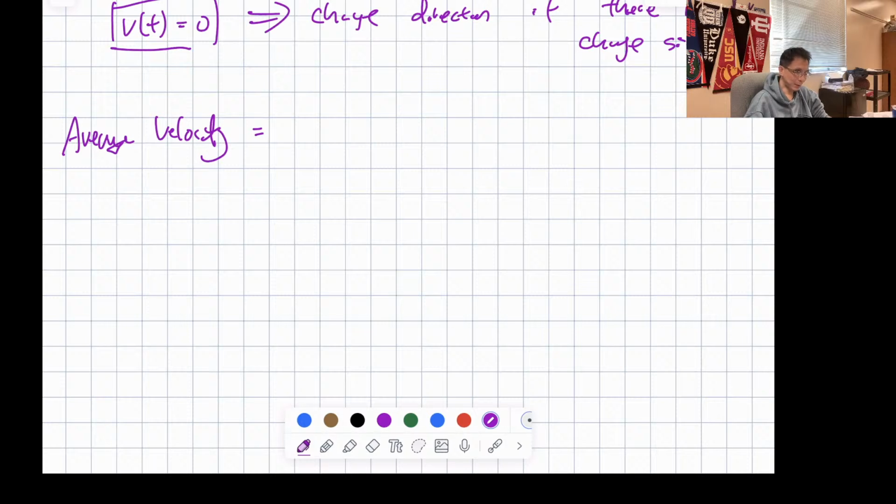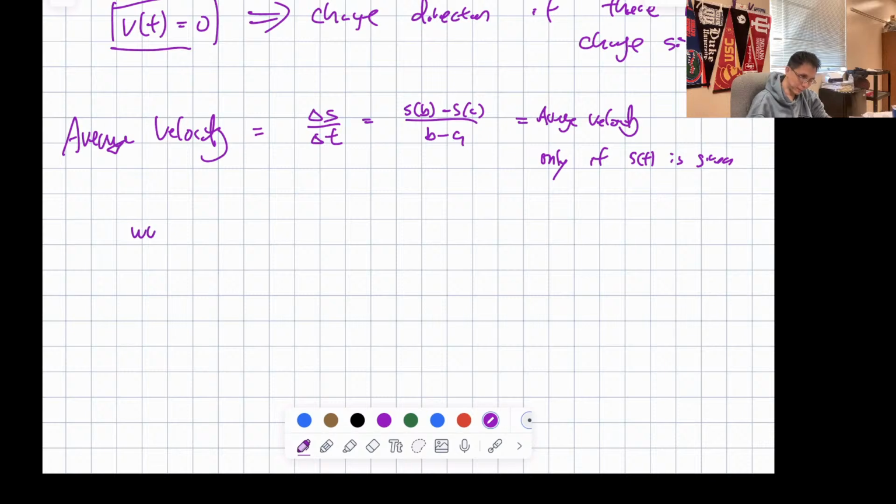It's going to be positions over changing time, right? So that means s of b minus s of a over b minus a. So this is the average velocity. But that's only if s of t is given.